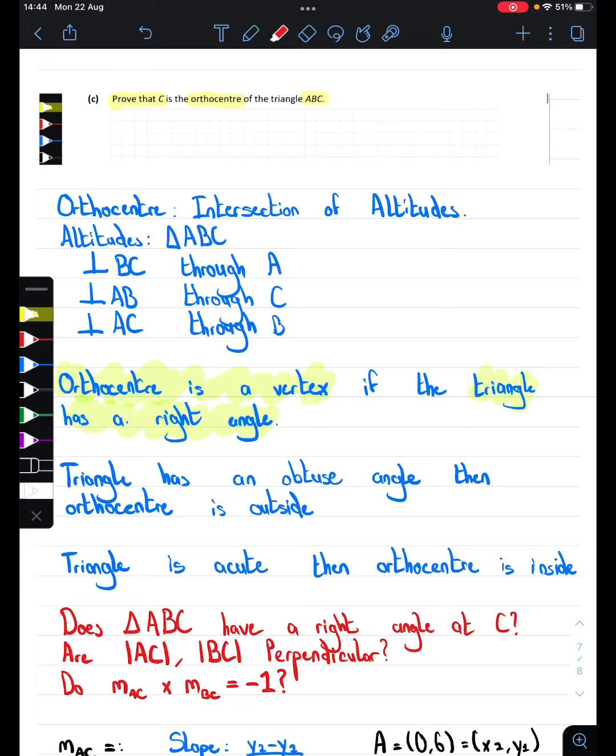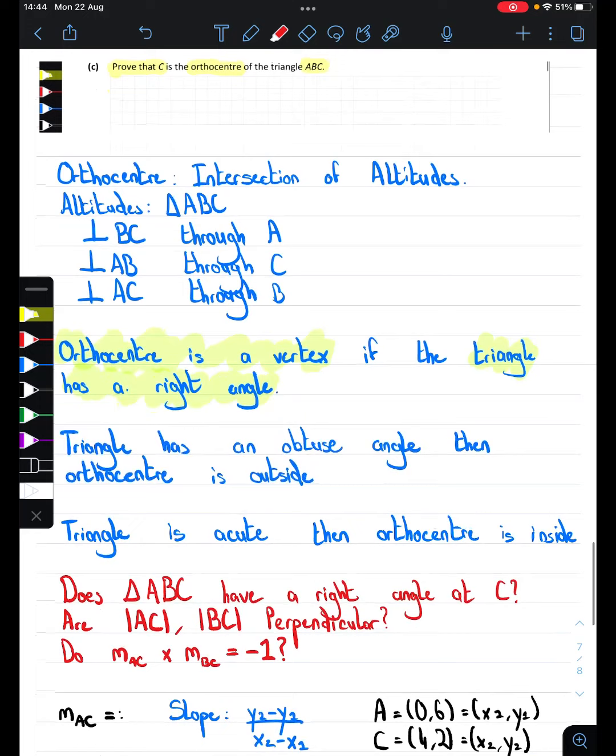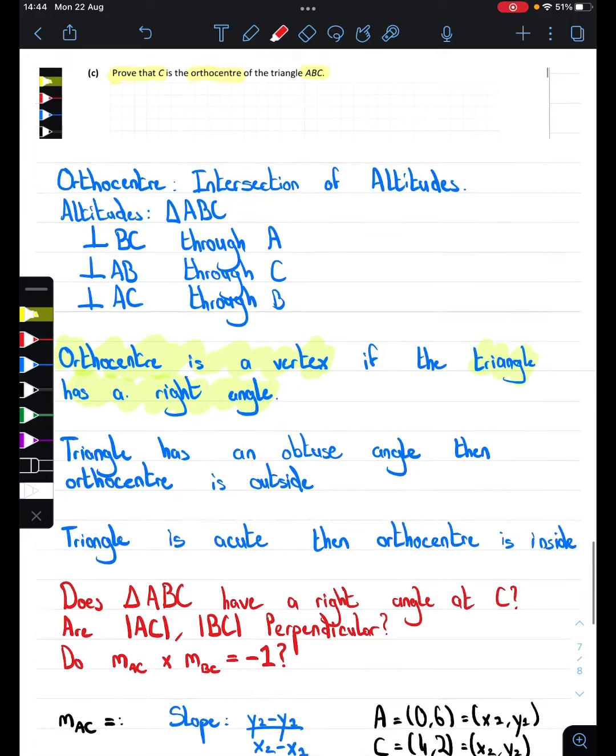Showing that something is the orthocenter is not easy. You could construct the altitudes yourself, which would be a bit of a pain, and then find their intersection and show that that intersection is C.